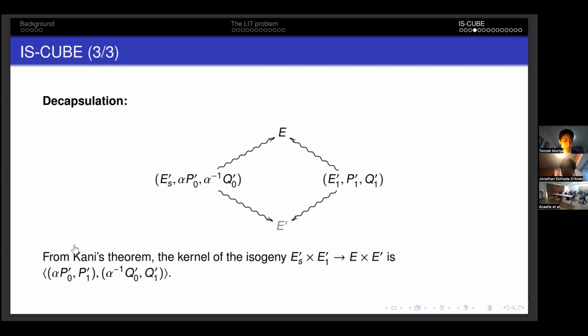And finally, she uses Kani's theorem, and the kernel of the isogeny from ES prime times E1 prime to E times E prime is generated by alpha P0 prime, P1 prime, and alpha inverse Q0 prime and Q1 prime. So by using Kani's theorem, she can obtain the shared key E. This is the decapsulation of the ice cube.